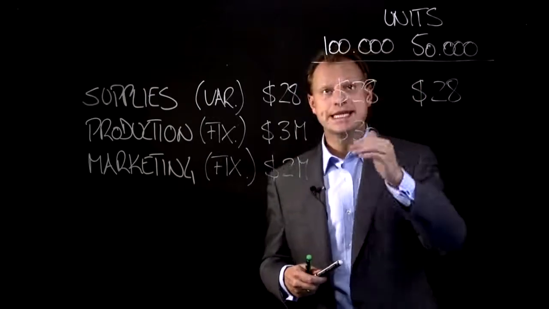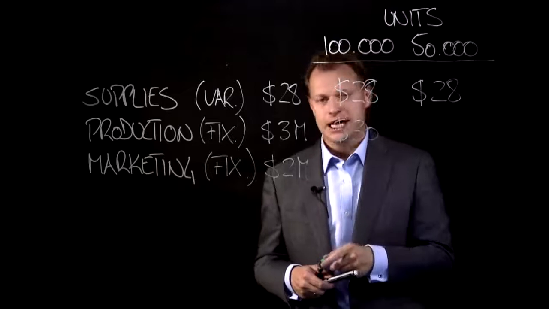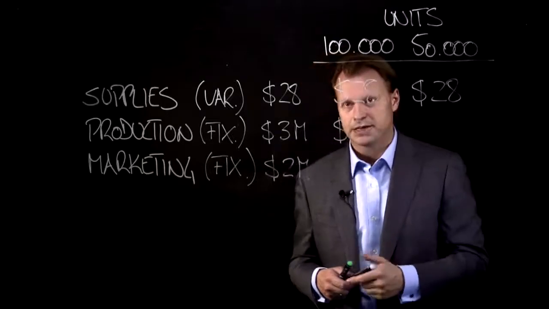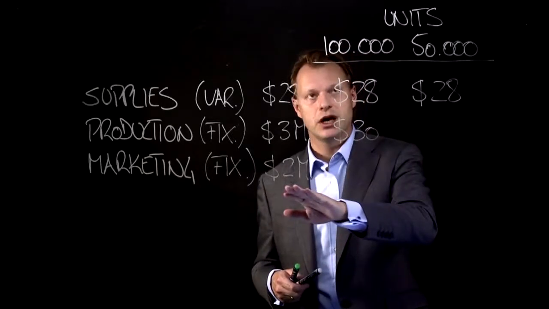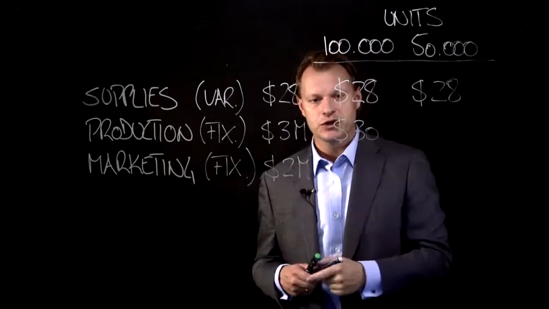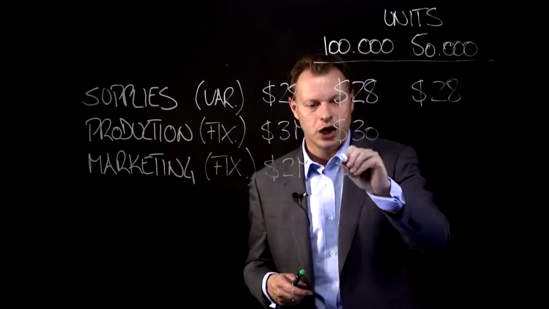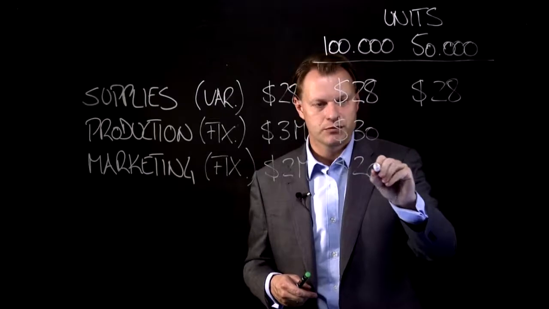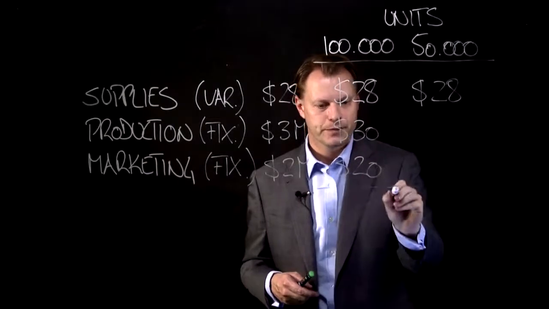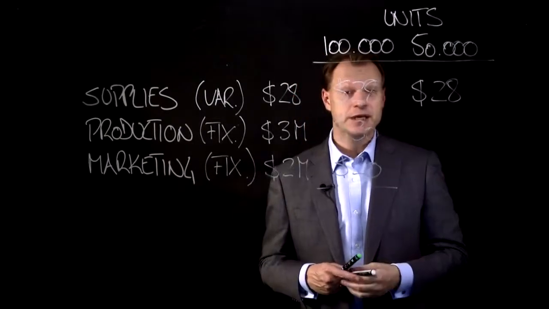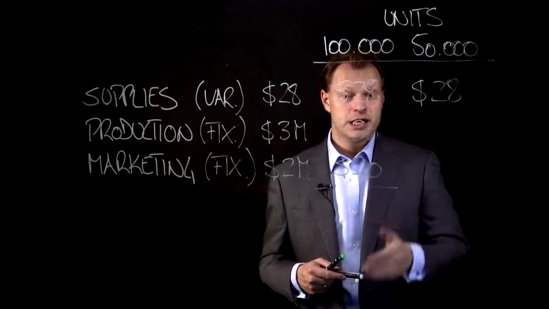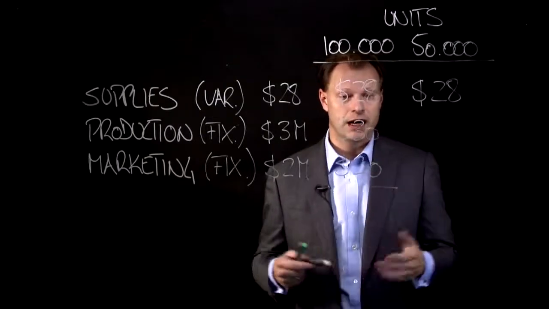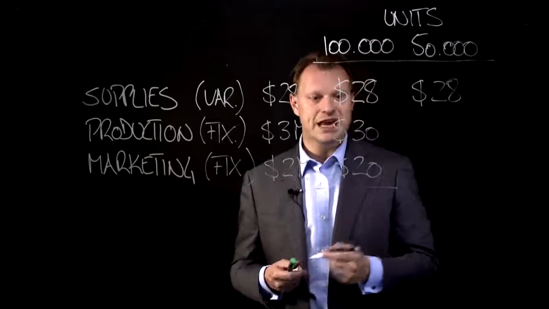We can do exactly the same for the last cost item, the marketing expense. Again, we take the $2 million divided by 100,000 units, which would be a cost of $20 per unit. We obviously see already, as we calculated in a previous example, that the total resulting cost would be $78.